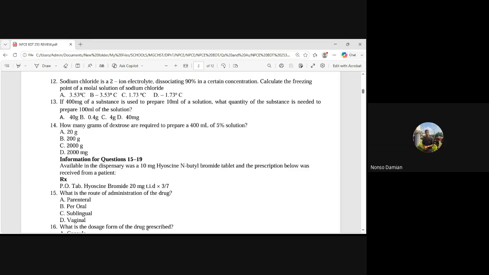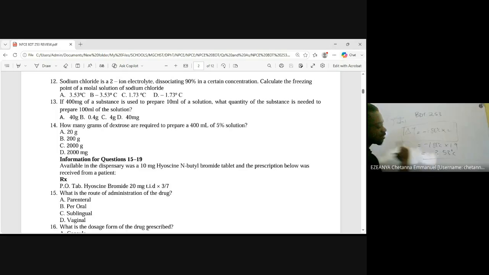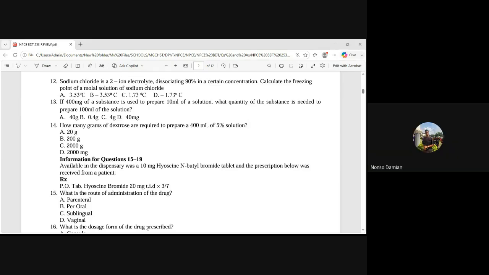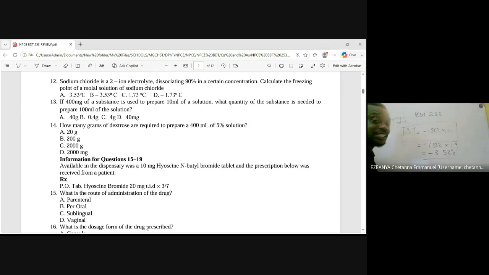It should be, I think, 1.9 or something. Just remove this sign. This minus 3.53 is actually the freezing point of this solution of sodium chloride in water that dissociates 90%.